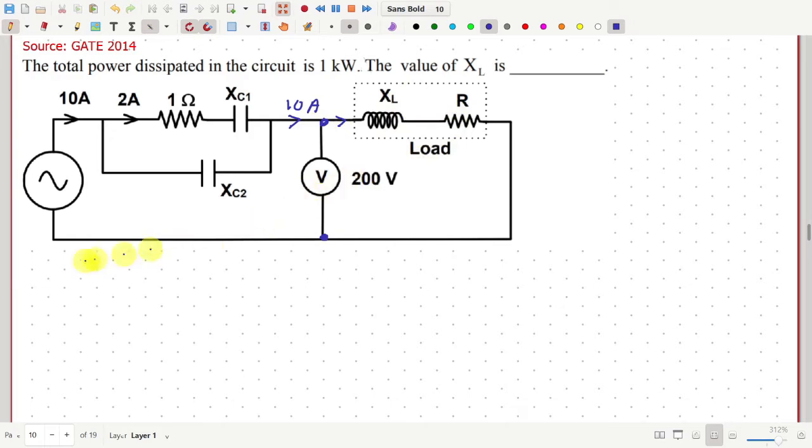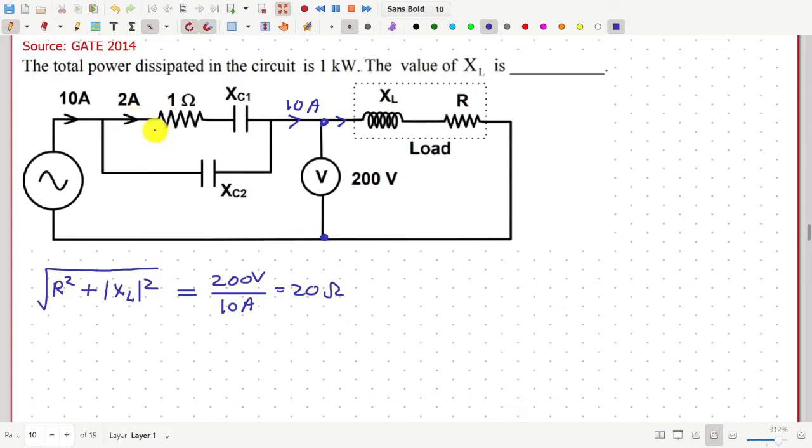So from this we can write that the magnitude of this load impedance, that is square root of R squared plus XL squared, is equal to the voltage 200 volt divided by the current 10 ampere, which is equal to 20 ohm.